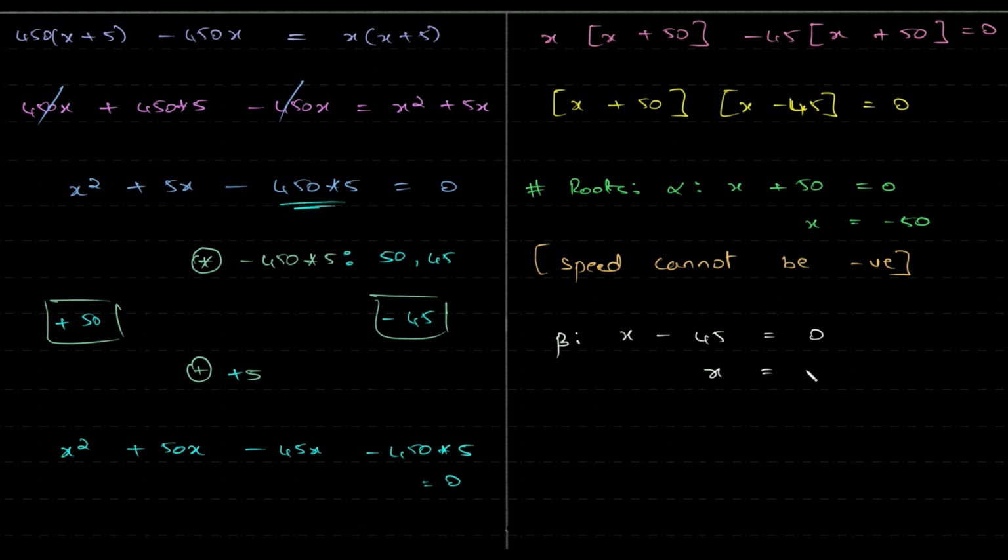So x is equal to 45 kilometers per hour. Anyways, we're writing the statement. Let's try to stick to the question itself. Original average speed of the train is 45 kilometers per hour.